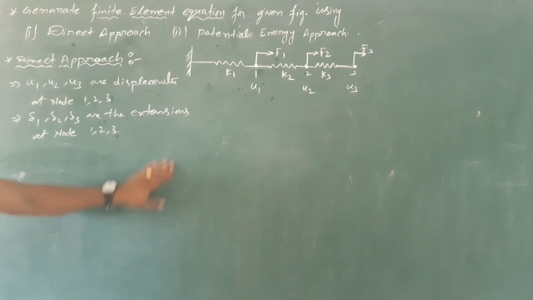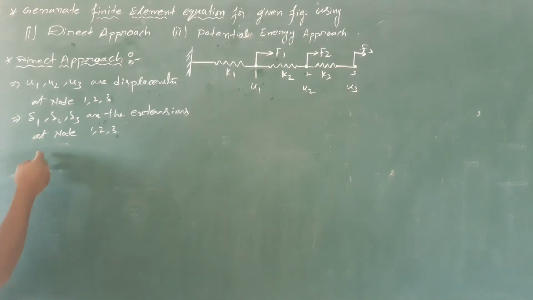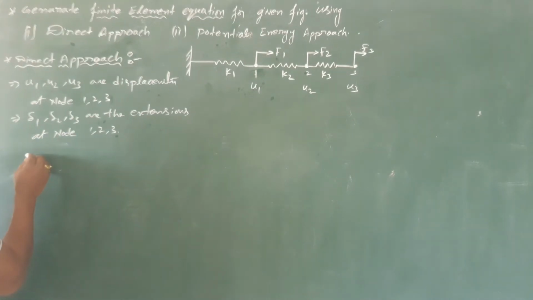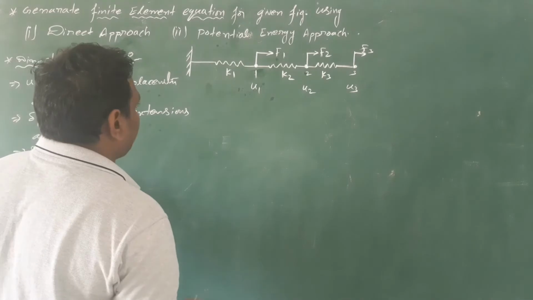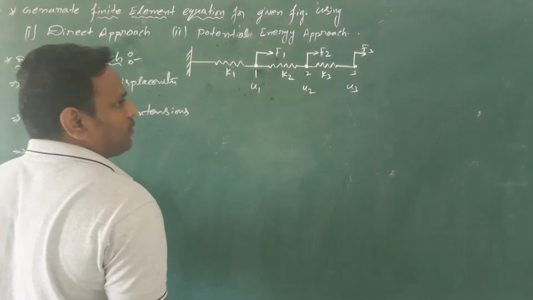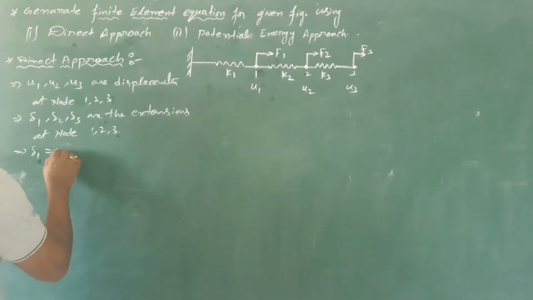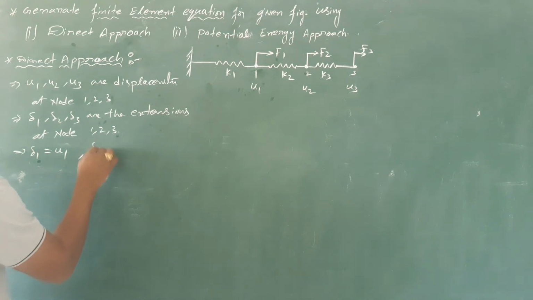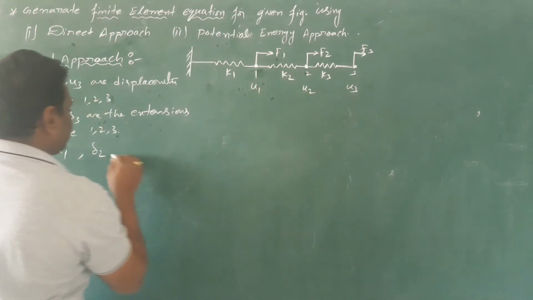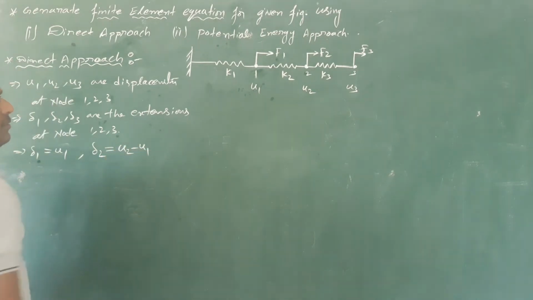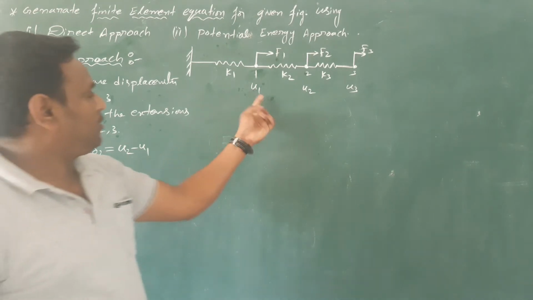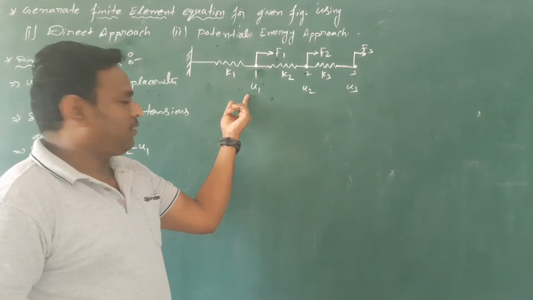Delta 1, the extension of node 1, is exactly U1, but the extension of the second node, delta 2, is U2 minus U1, that is, subtract the displacement of node 1.